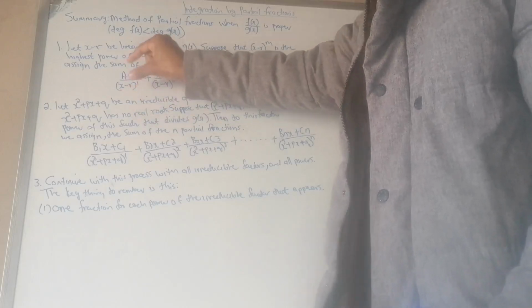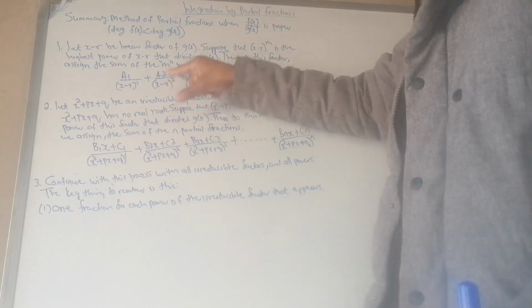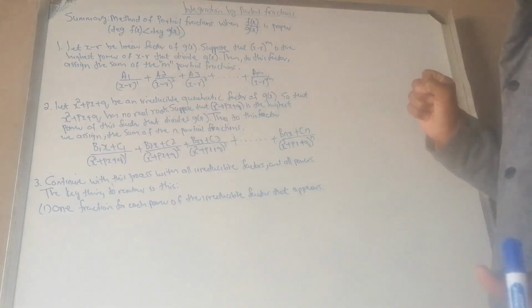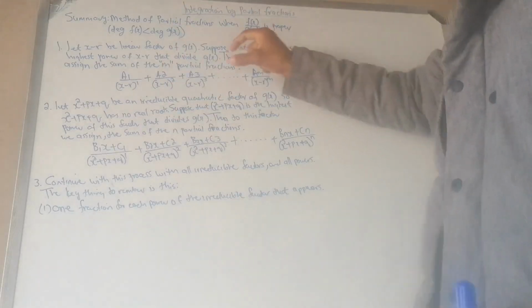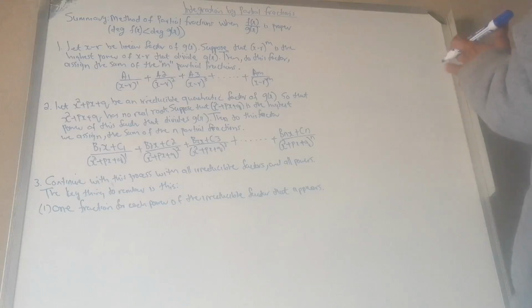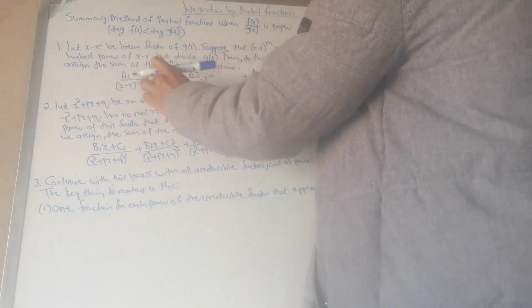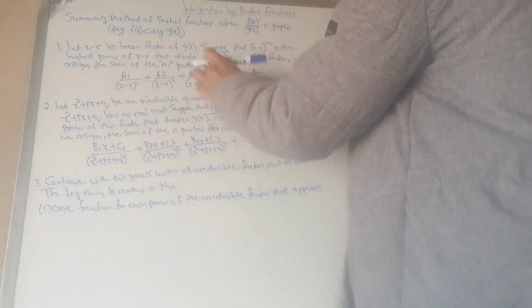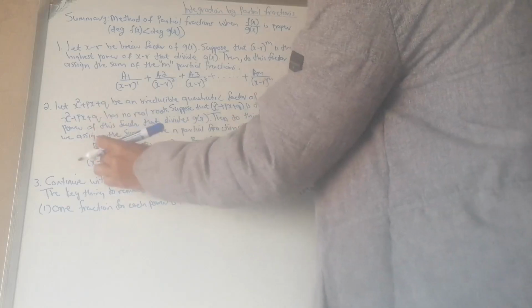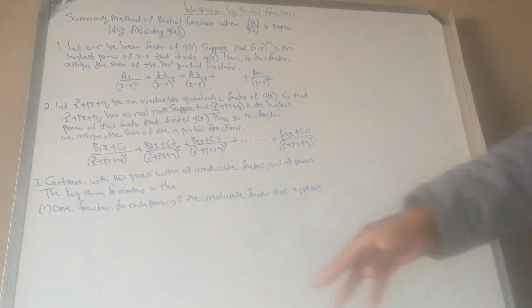For this power, we must have one fraction, which is a1 in this case. For this power, we have one fraction, which is a2 divided by this. So power, fraction, power, fraction, power, fraction.